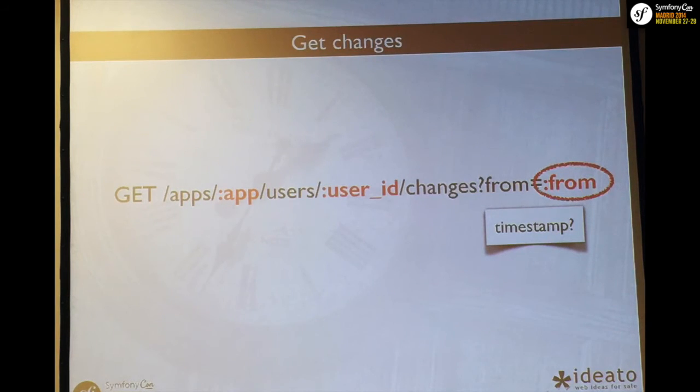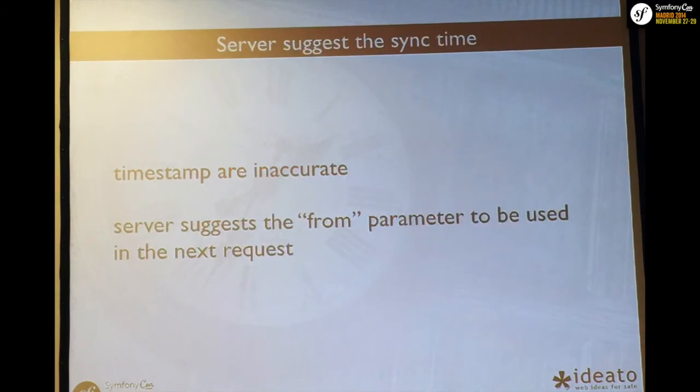In the first version of the APIs, this parameter was actually a timestamp, generated by the mobile client, which is a bit inaccurate because you cannot be sure that the clocks are synchronized, so you can maybe lose data. And so we decided to use a from parameter that is suggested from the server to the mobile clients at every request.